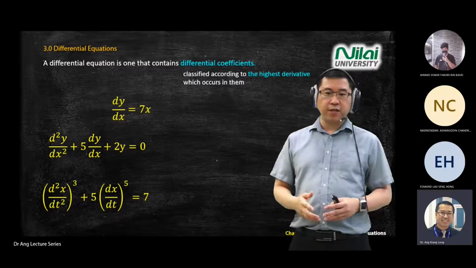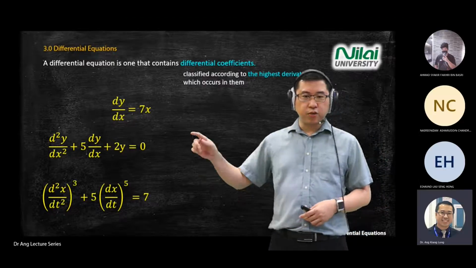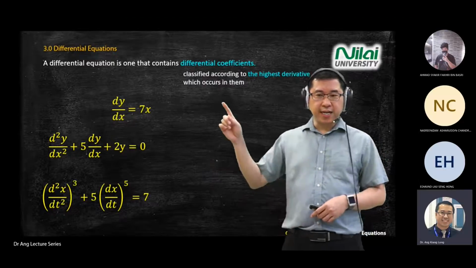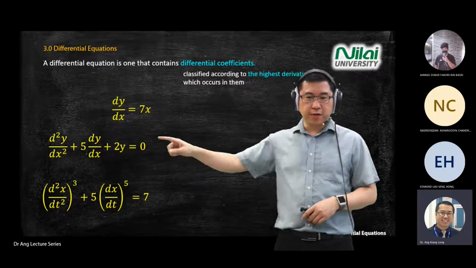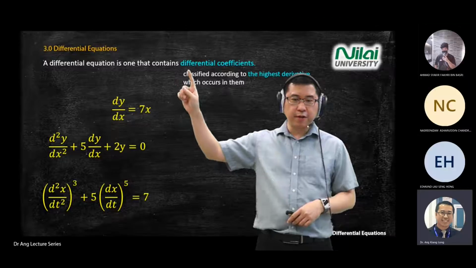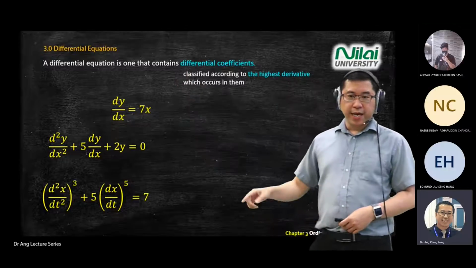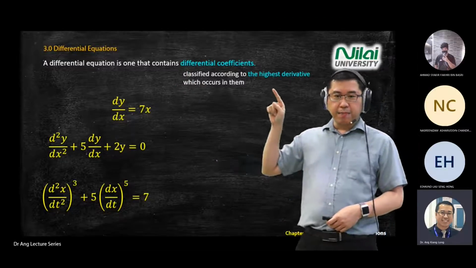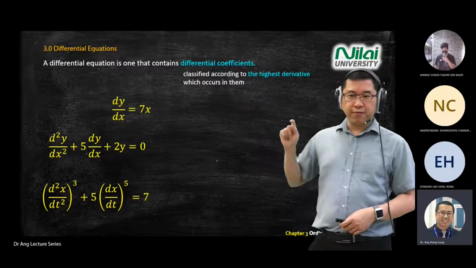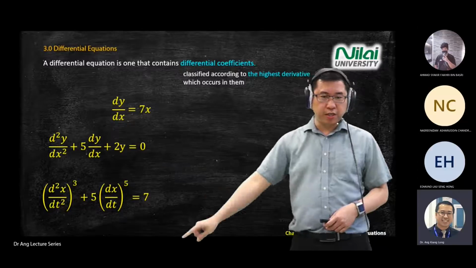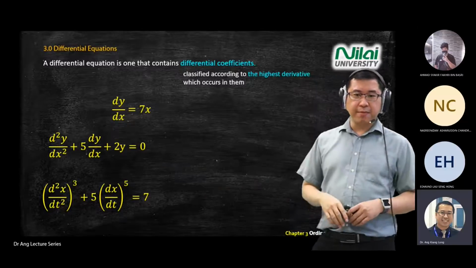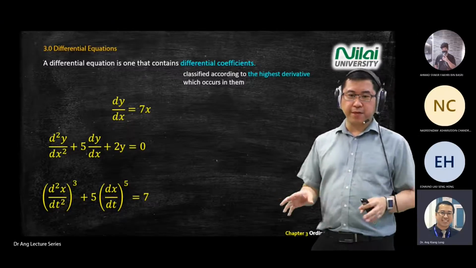You have dy/dx, ds/dt, dA/dt, and so on. As long as you do differentiation, you are involved with a differential equation. And by the highest derivative that you see in these 3 equations, you can categorize them into different names.